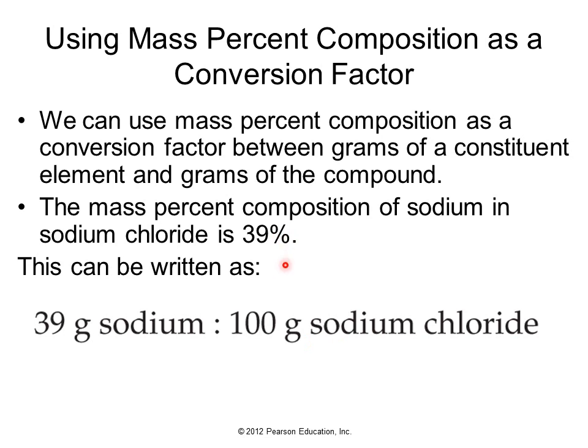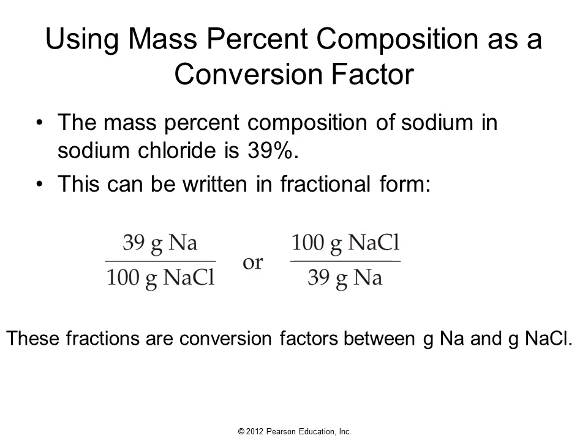Remember, percent tells you the part per 100. So these conversion factors look like this. Either 39 grams of sodium over 100 grams of sodium chloride or 100 grams of sodium chloride over 39 grams of sodium. These fractions are the conversion factors between grams of sodium and grams of sodium chloride.